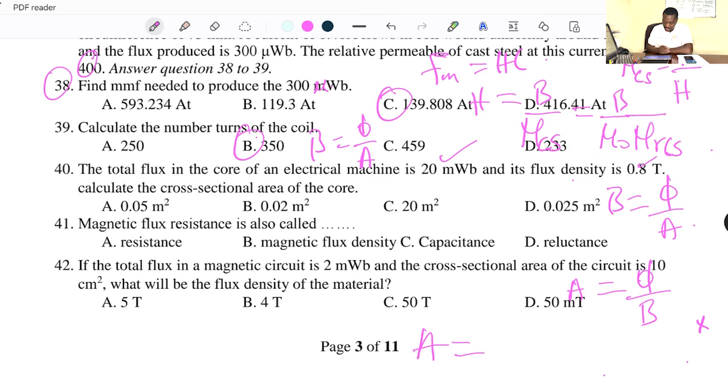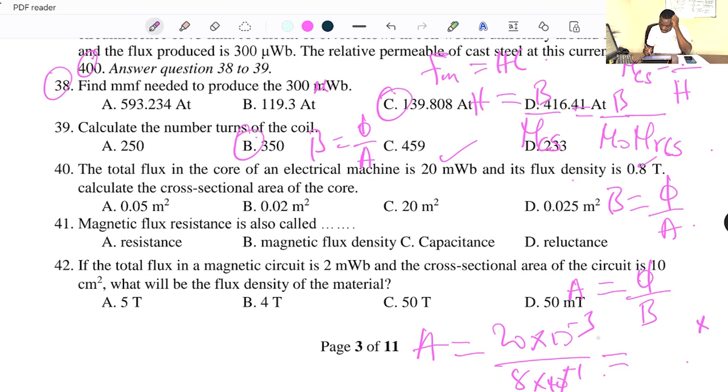So we have this being equal to the magnetic flux, 20 milli, over the magnetic flux density, which is 0.8. 0.8 is just 8 times 10 to the power minus 1.